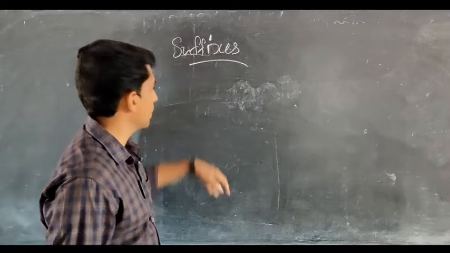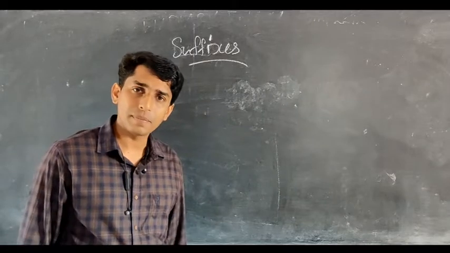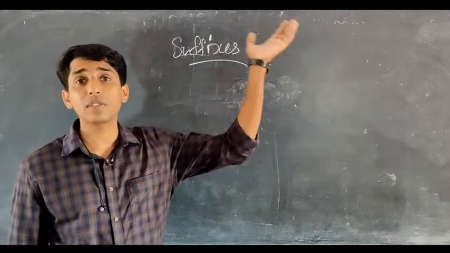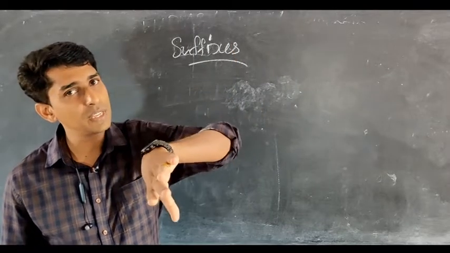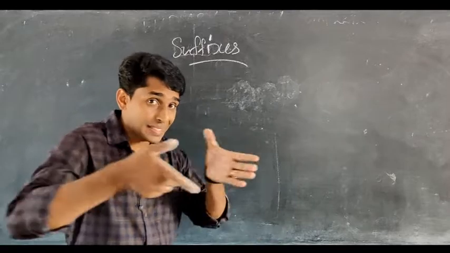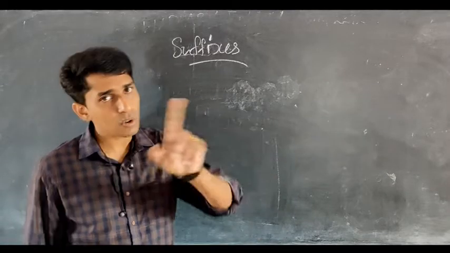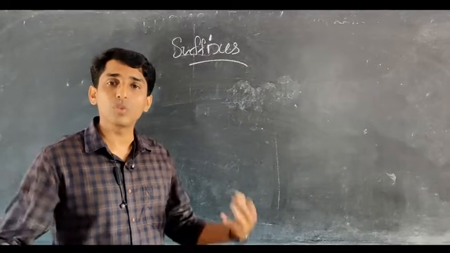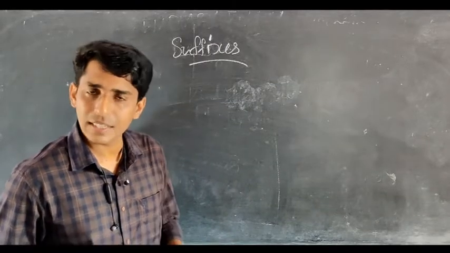What may be suffix? Prefix means fixing something before a word. Suffix means fixing something at the end of a word. We also can fix some letters at the end of a word to make new words. That is called suffix. Is it clear?